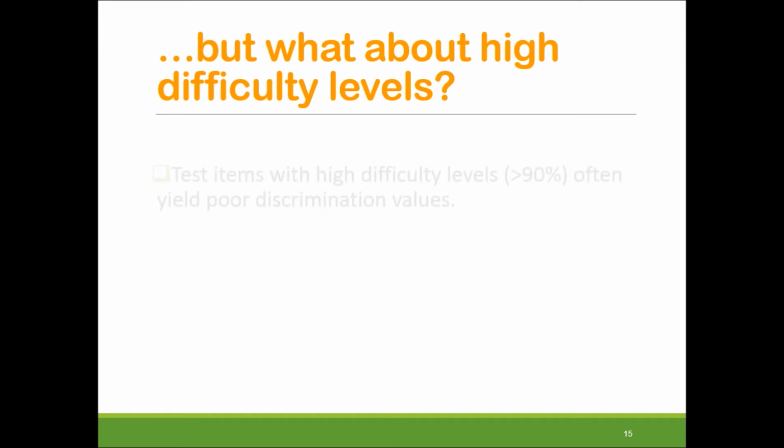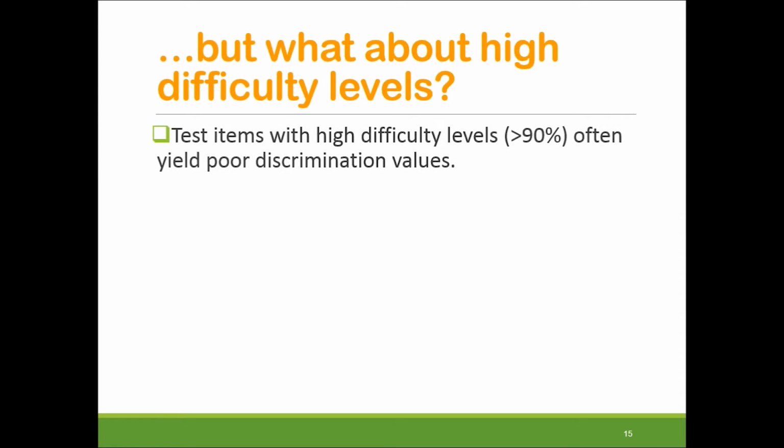Now, what about the other end of the spectrum? What do we do with high difficulty levels? In this case, I'm talking about the items that virtually everybody in the class is answering correctly. Test items with high difficulty levels, greater than 90%, are usually going to give you poor discrimination values.